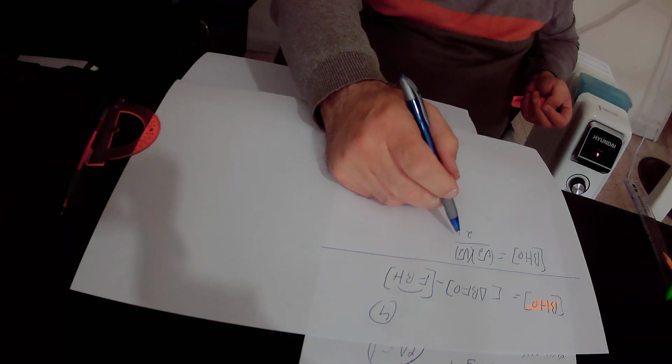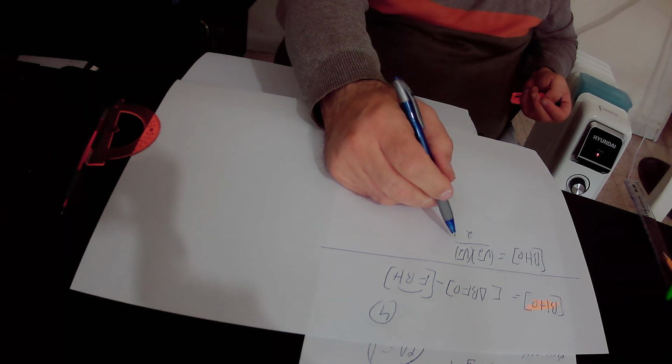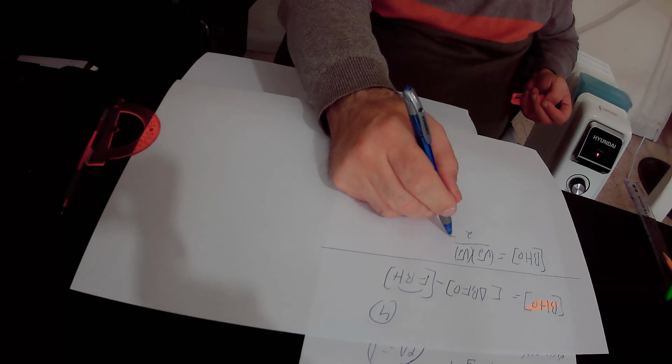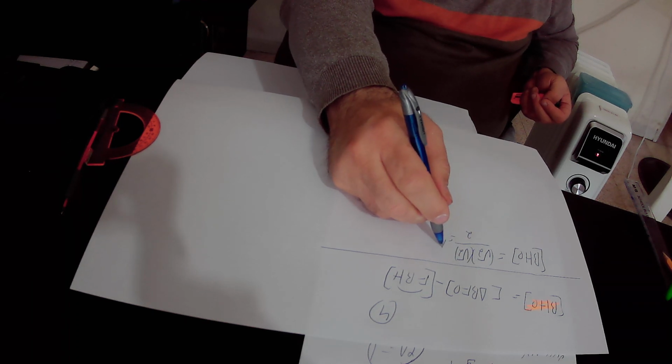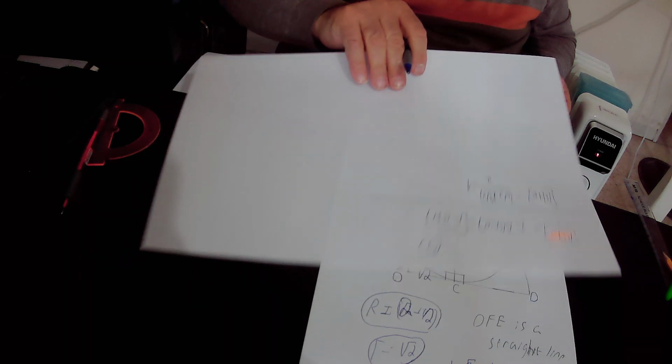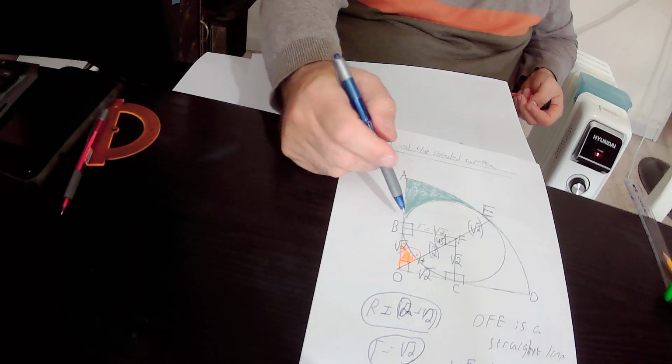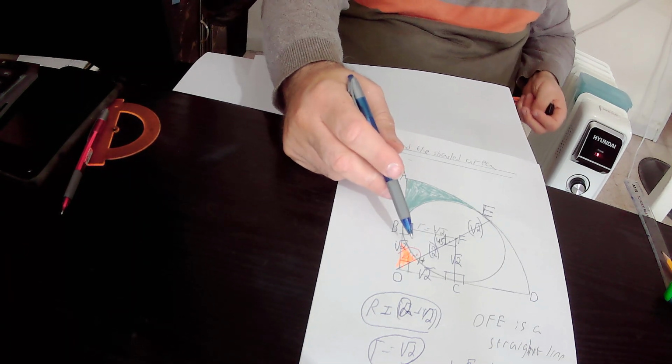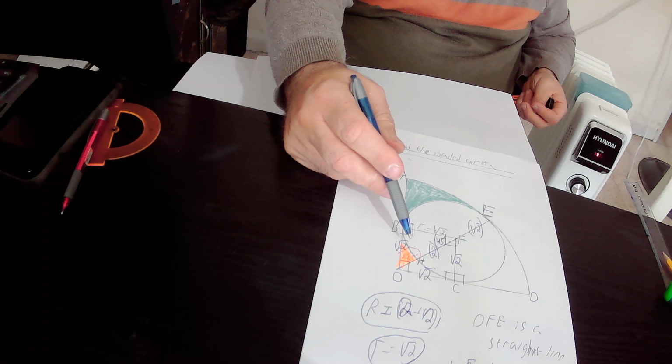So square root of 2 times square root of 2 is 2, and 2 over 2 is 1. The area of the right isosceles triangle BFO is equal to 1 square unit.